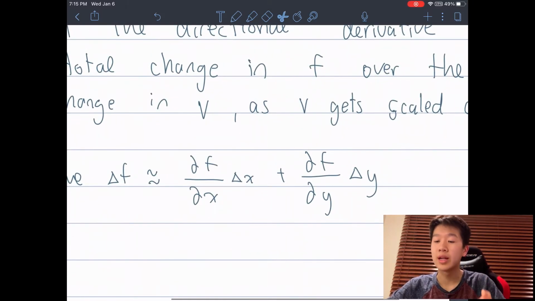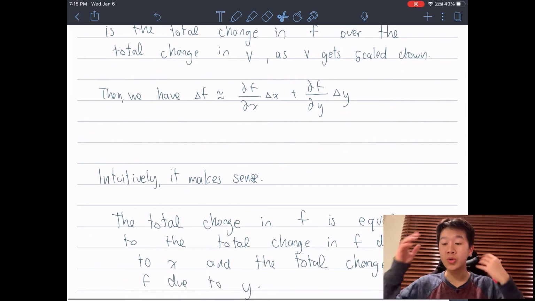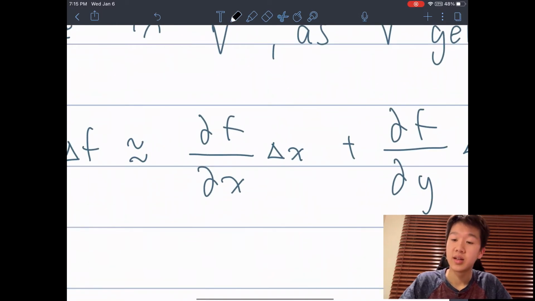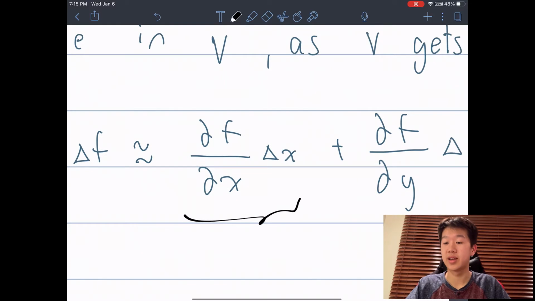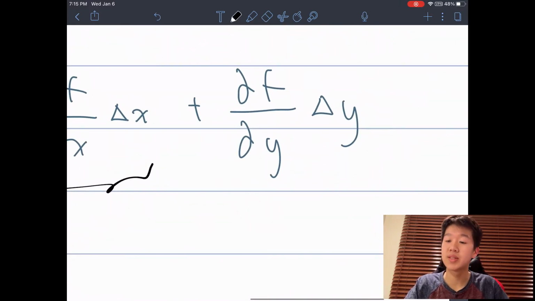So how do we interpret this? It makes sense because it means that the total change in f is equal to the total change in f due to x and the total change in f due to y. So as you can see, this represents the total change in f due to x, and this represents the total change in f due to y.